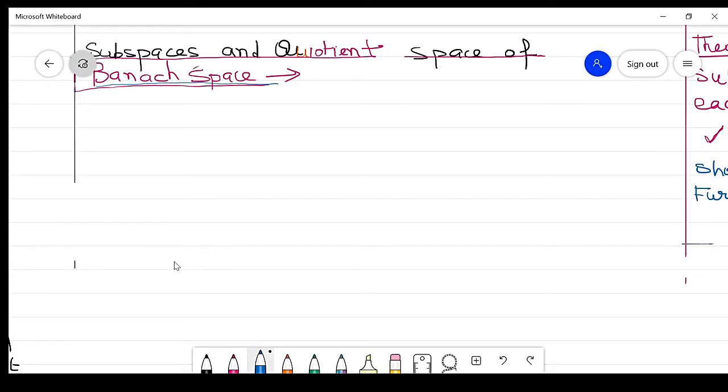Now the next topic is subspace and quotient space of a Banach space.